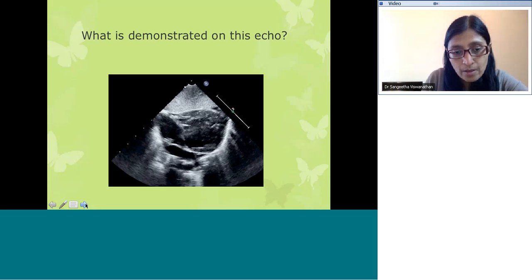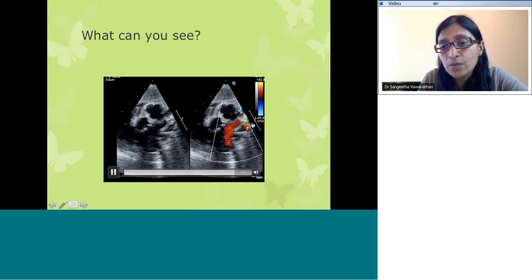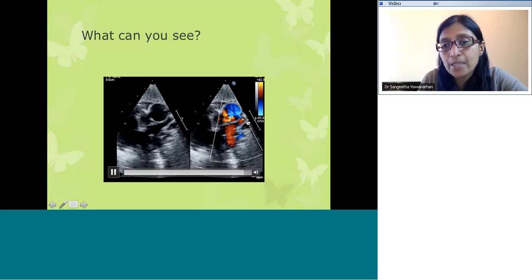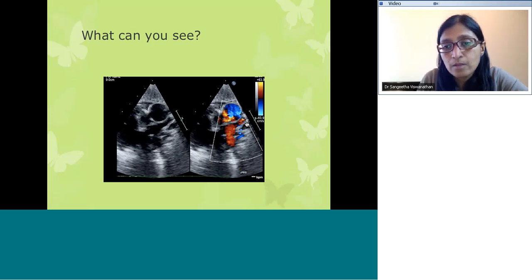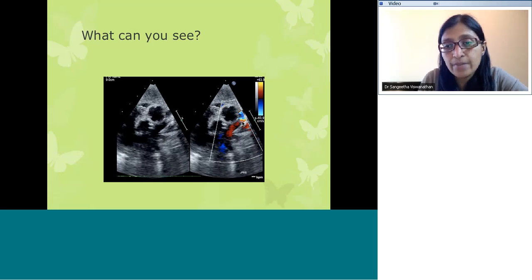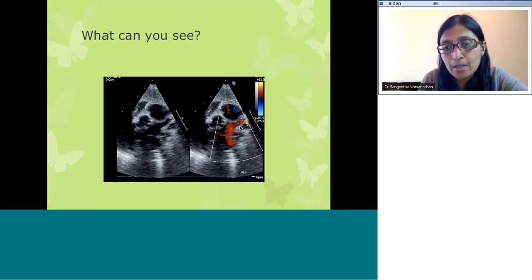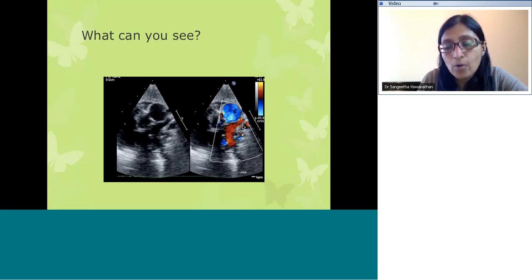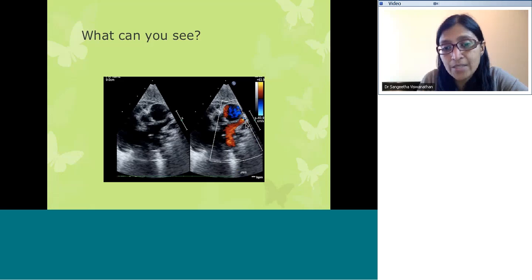Okay, and which is the most common site of obstruction in a supracardiac TAPVC? Yeah, so what is called the bronchopulmonary vise, which is between the bronchus and the left pulmonary artery.